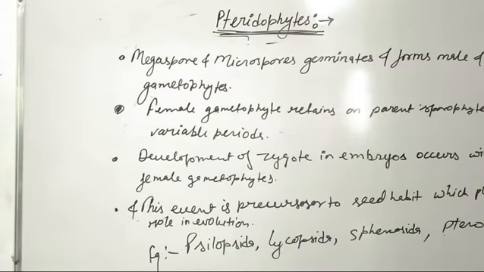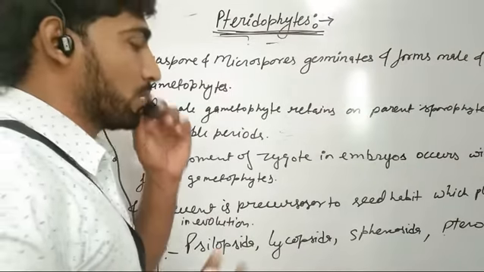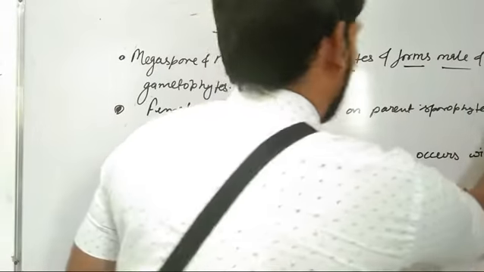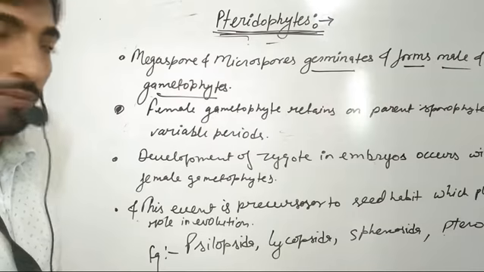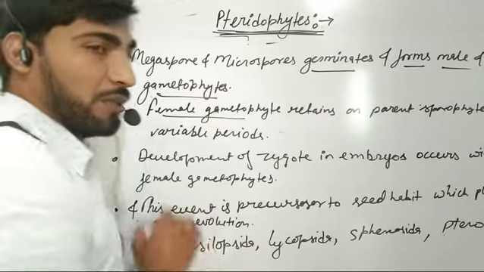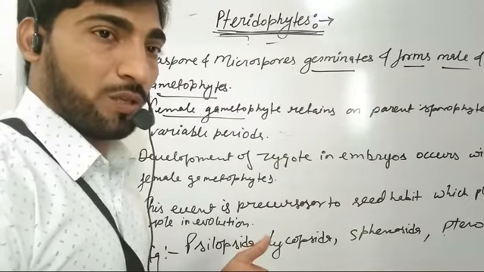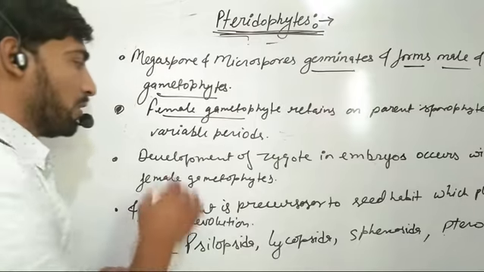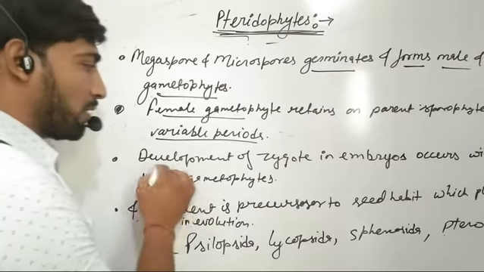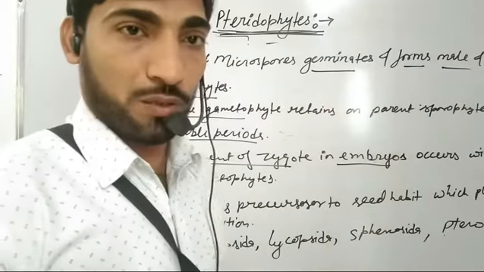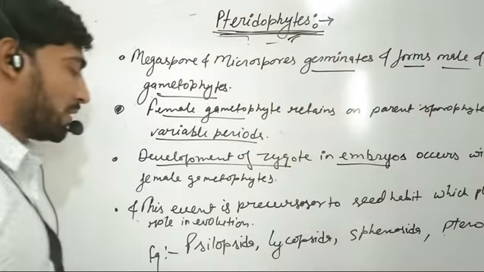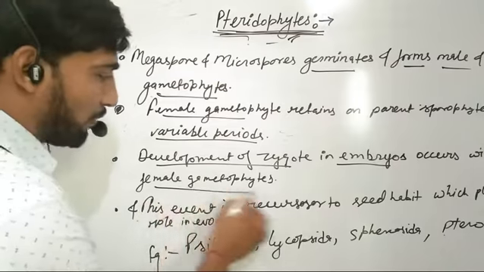Now these megaspores and microspores further germinate and result in the formation of the male and female gametophytes. The next characteristic feature of pteridophytes is that their female gamete is retained on the parent body for a variable time period. Next, the development of zygote into young embryos in case of pteridophytes occurs within the female gametophyte.